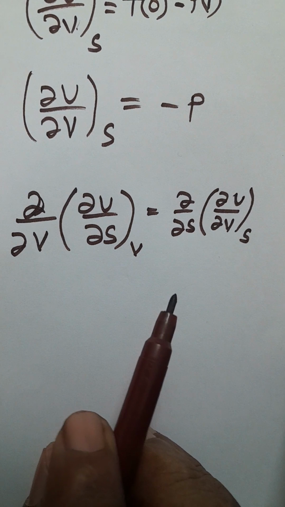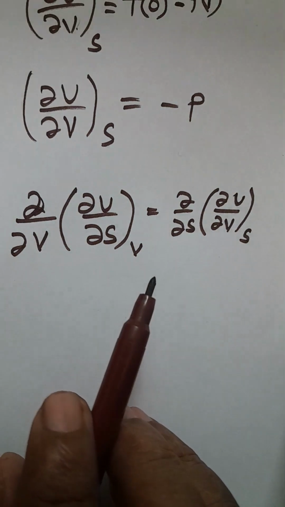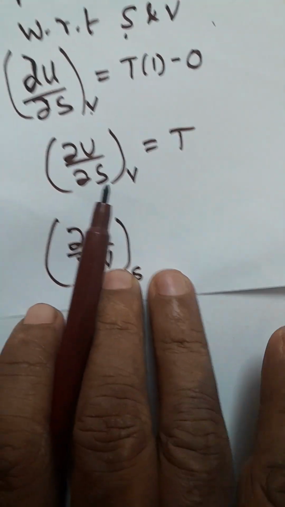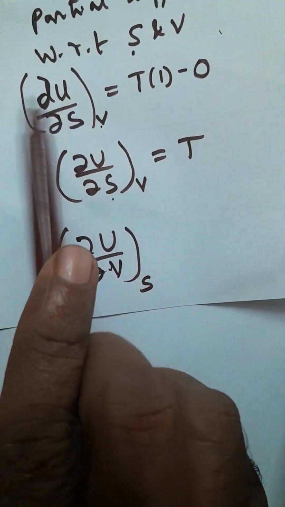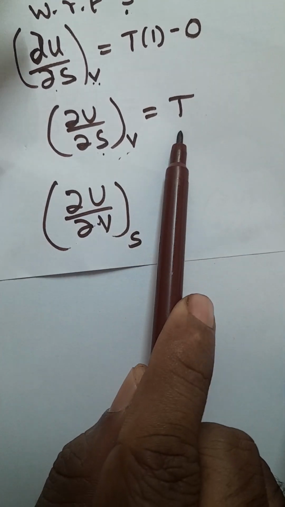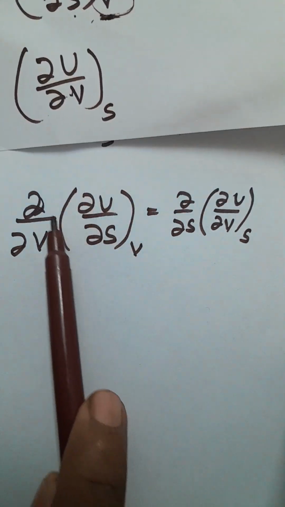Always remember, for example, if we consider ∂U/∂S at constant volume, we got T. Whatever constant is there, we keep that only.